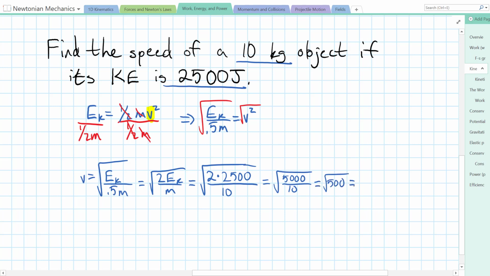If you plug that into a calculator, we get 22.4 meters per second is equal to our speed. We didn't have to do any converting because everything is already in base SI units, so I know that my speed is going to come out in base SI units.